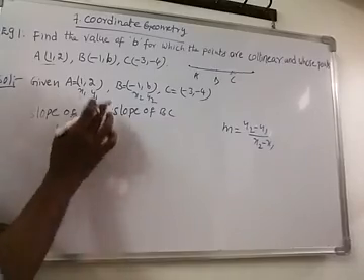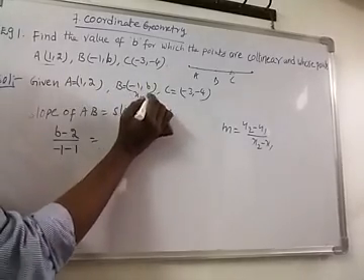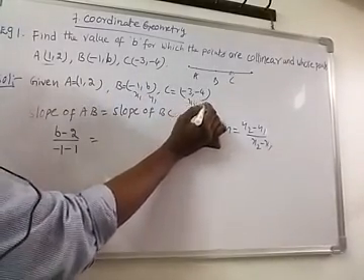That is equal to the slope of BC. For BC, this is x1, y1 and this is x2, y2.